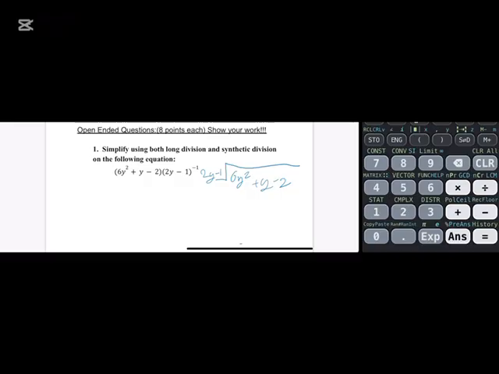So let's ignore the -1 for now and use 2y. 6y squared can be divided by 2y 3y times. So it's going to be 3y.